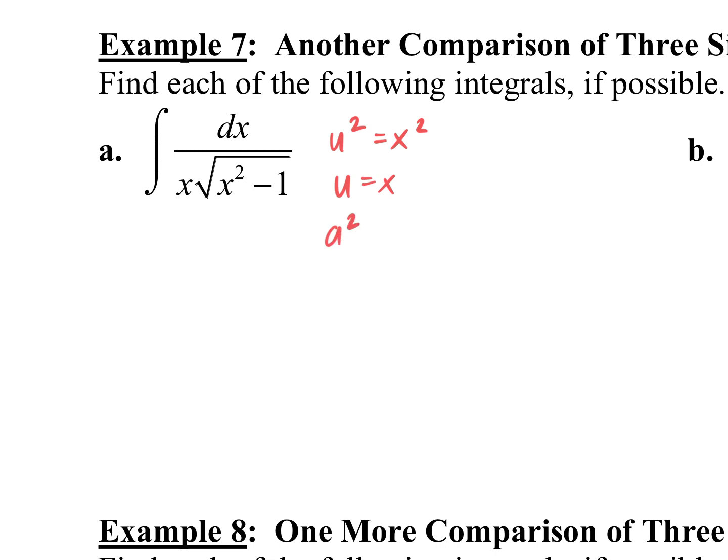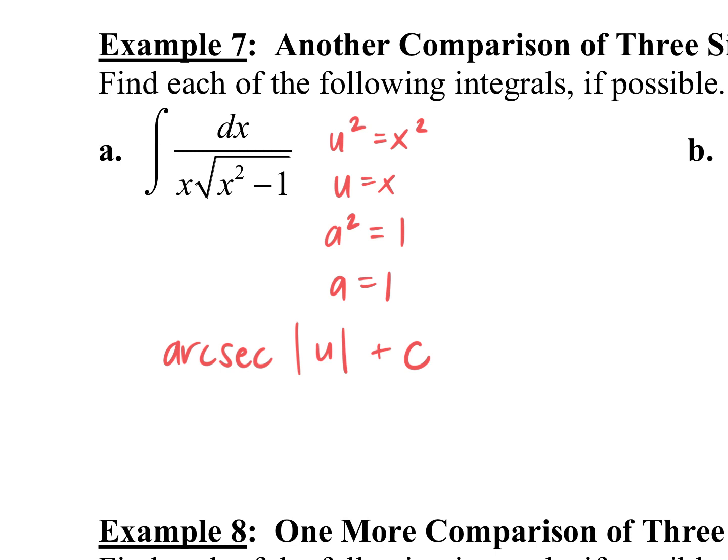And my a squared is equal to what? 1. So in this case, a is just 1. So it's literally just the arcsecant formula over there. I can plug these values in, and I get arcsecant of u, divided by a, which is also just 1, so I'm not going to write that, plus c.